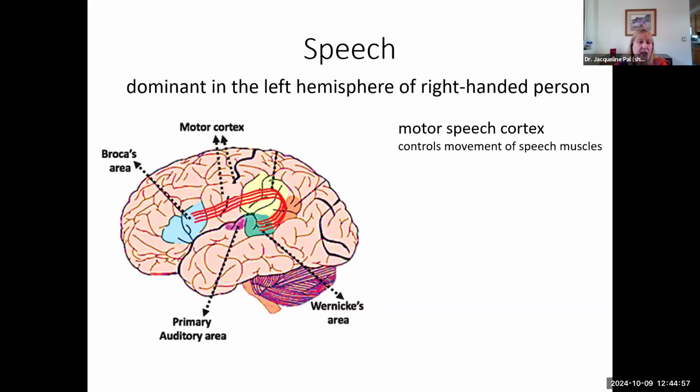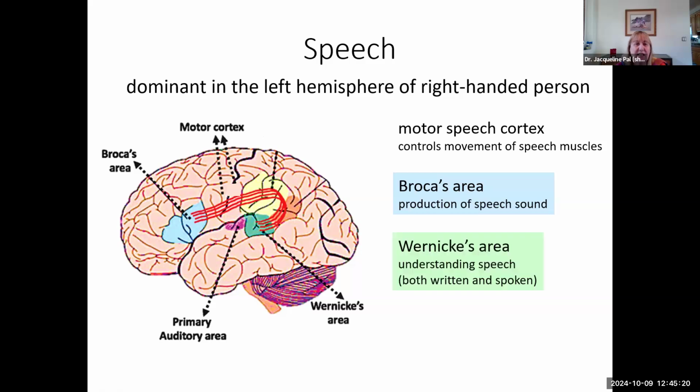The second area is known as Broca's area. So Broca's area is part of the frontal lobe. And this is the area responsible for producing the sounds of speech from your throat area. A third area is this green area in your temporal lobe known as Wernicke's area.